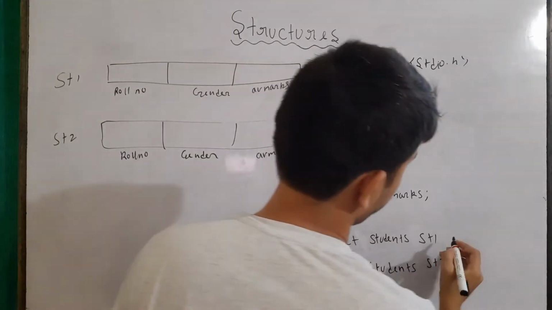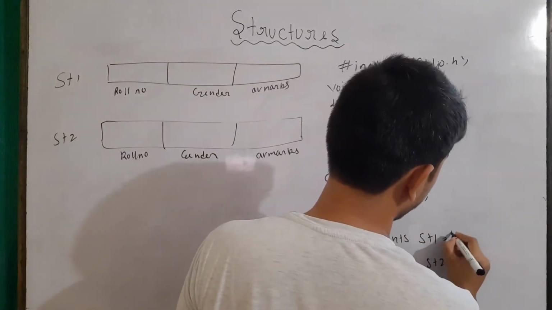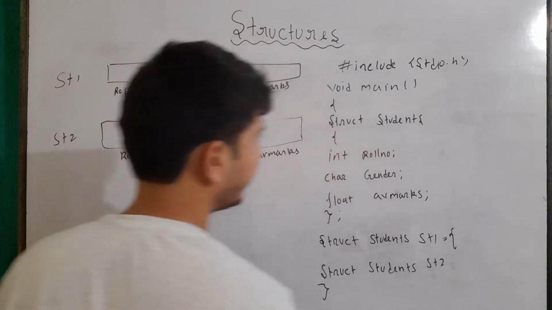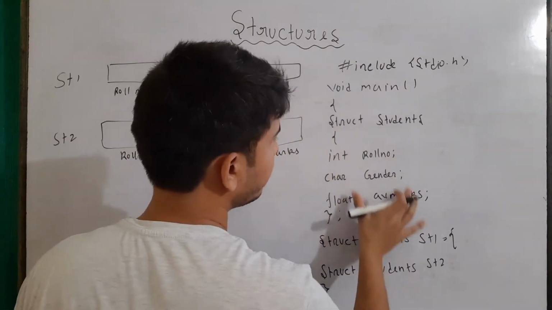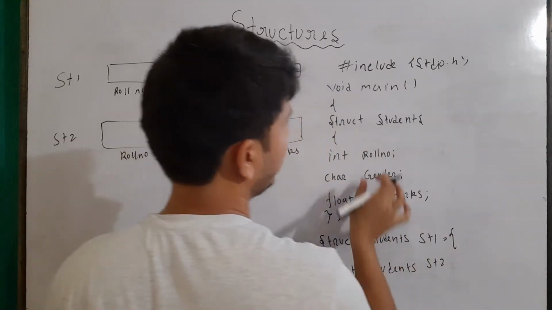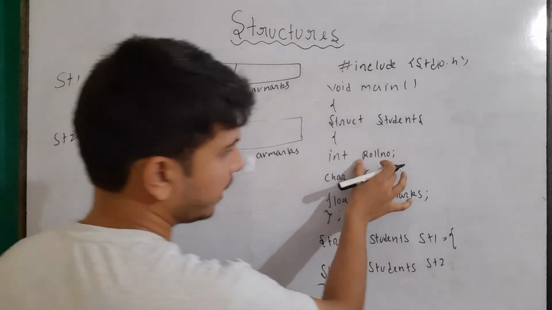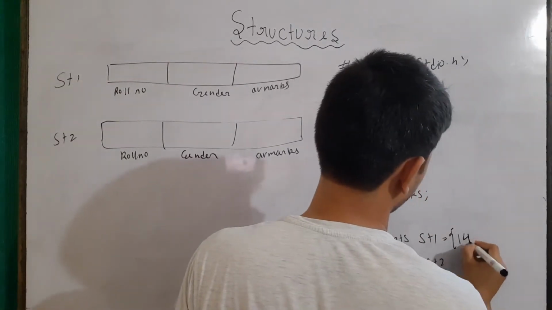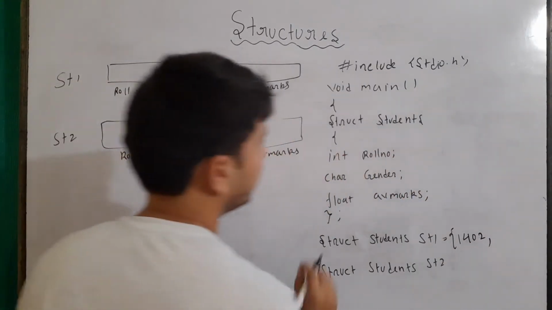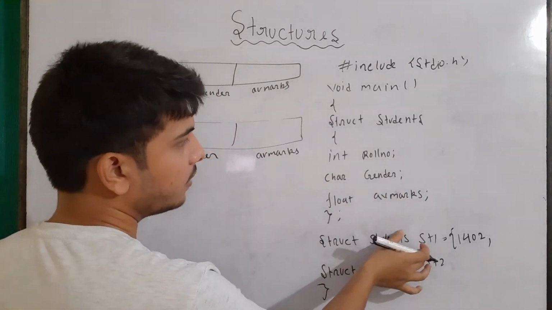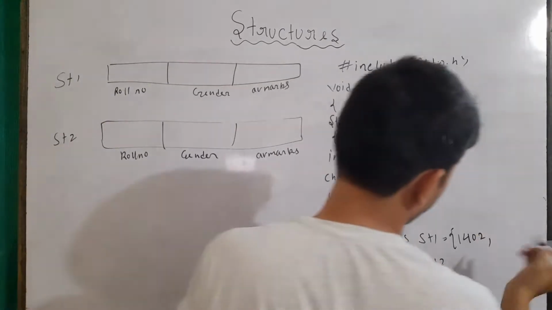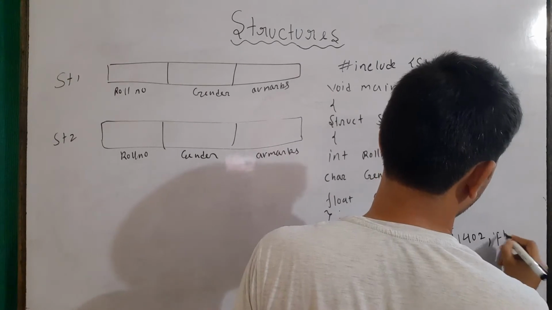So we use here equals to and then I write curly braces, right? And after that, in the sequence of our data, we write the values. For example, in the roll number, let's say I want to write 1402, so I'll write here 1402, right? Then let's say our gender of st1 is f, or female, so I'll write here character f, okay?